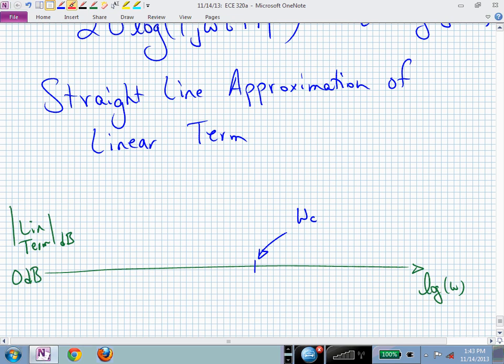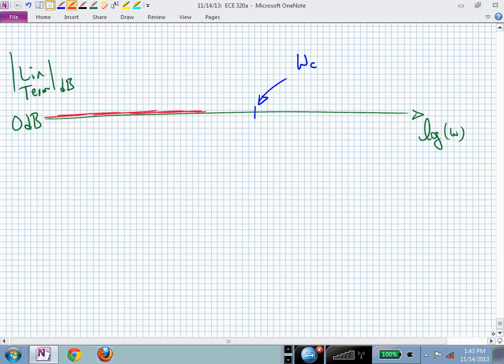We now know that below that, we were at 0 dB, weren't we? Above that, we were sloping because of the denominator factor of minus 20 dB per decade.